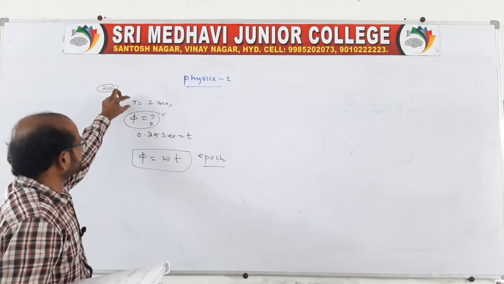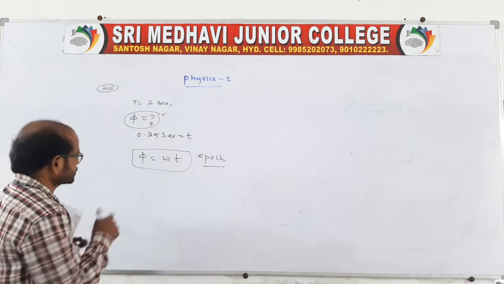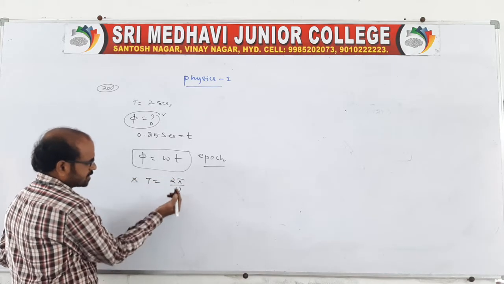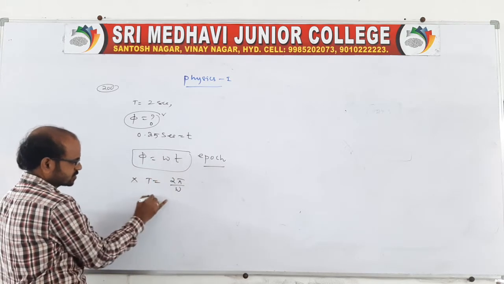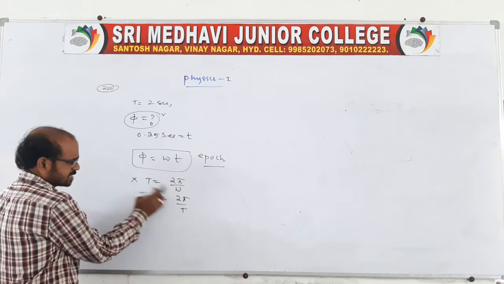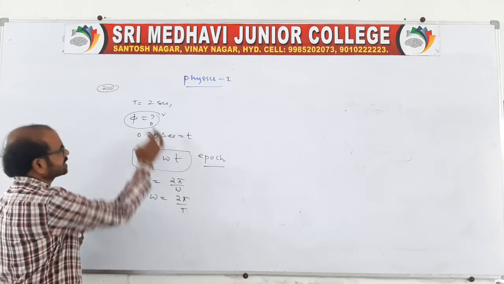So we should get omega by using the time period, capital T. The formula is capital T is equal to 2 pi by omega. Omega is required here, so take omega as the subject. By cross multiplication, omega is equal to 2 pi by capital T.